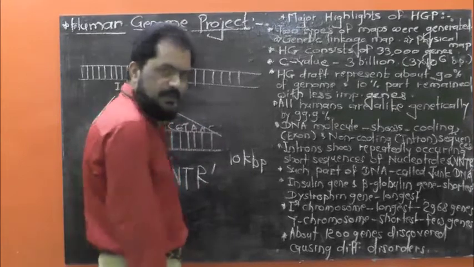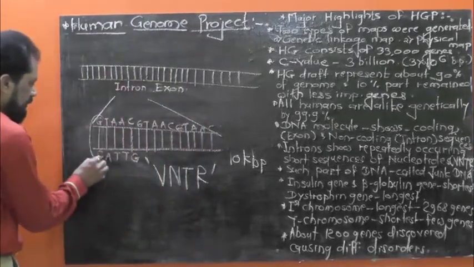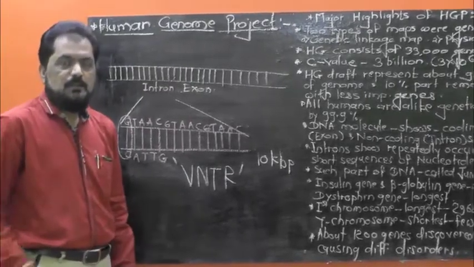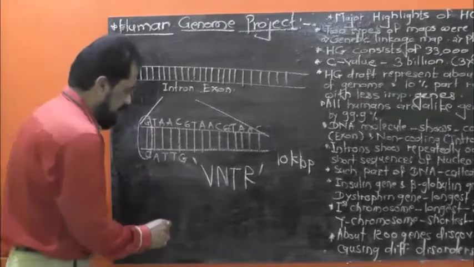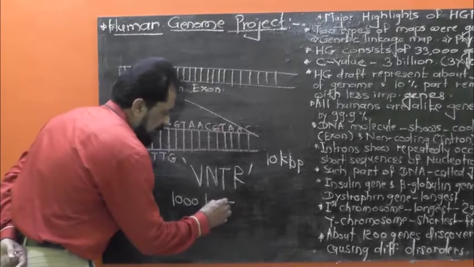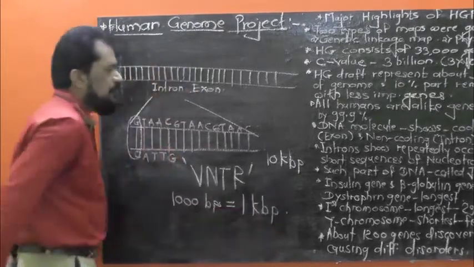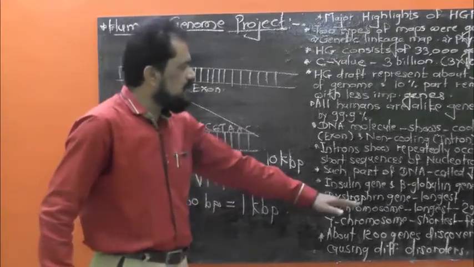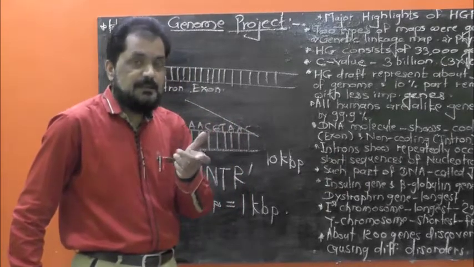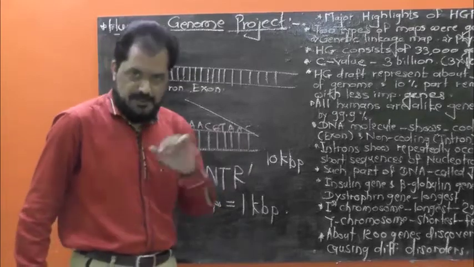10 kilo base pairs. You know base pair, here is one base pair, GC. 1 kilo base pair means 1000 base pairs. 1000 base pairs is equal to 1 kilo base pair. And the insulin gene and beta globulin gene are the shortest and consist of 10 kilo base pairs.